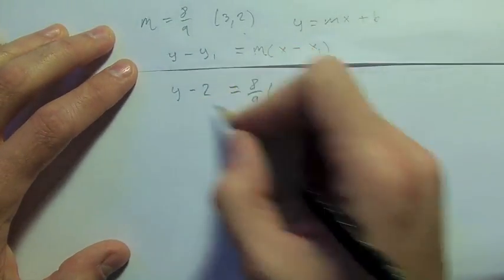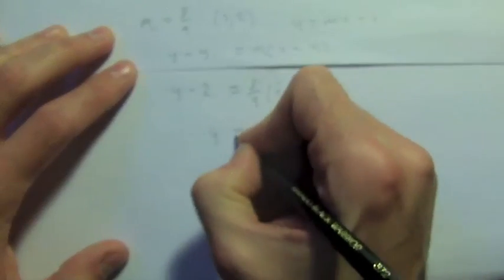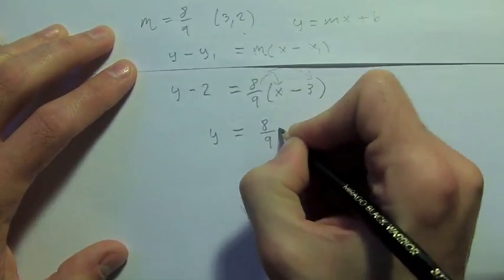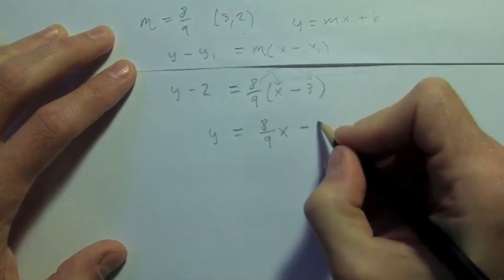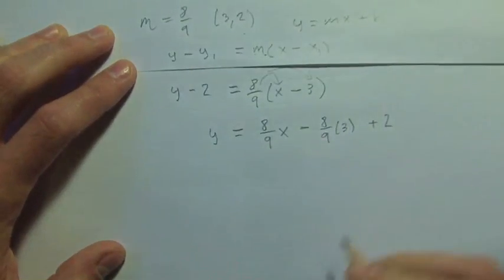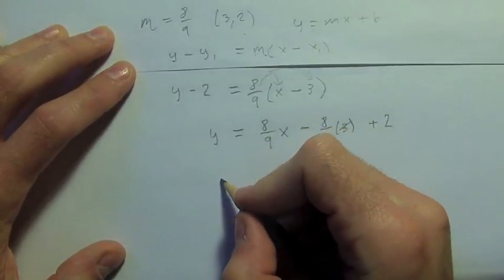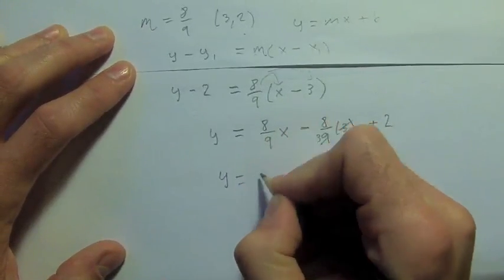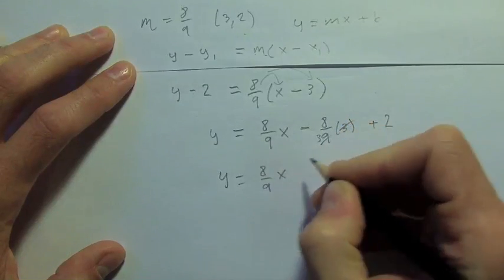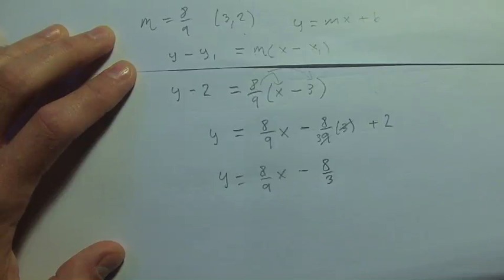Alright, so I'm going to move that 2 over and distribute this 8/9, so I will get that y is equal to 8/9 x minus 8/9 times 3 plus 2. And of course the 3 cancels here. And so I end up with y is equal to 8/9 x minus 8/3.